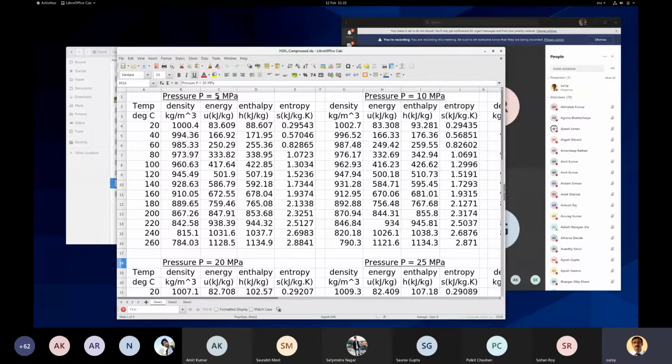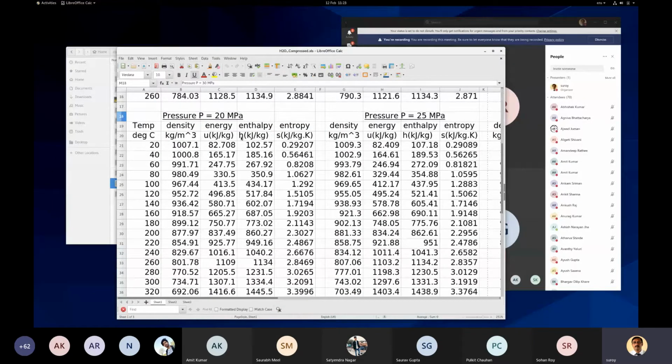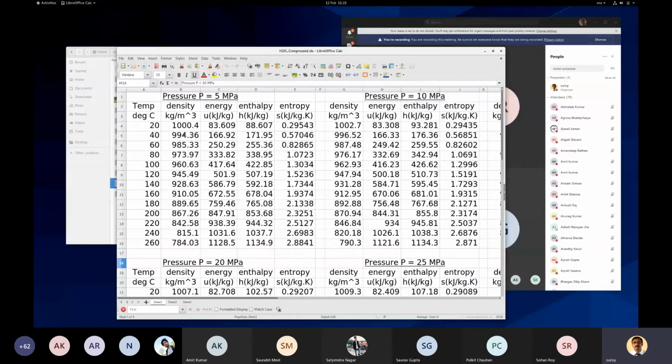If you look, the dependence on pressure is much less for a particular temperature. There is some dependence, especially at high pressures. For example, if you double the pressure from 5 to 10 megapascal, the density changes from 1000 to 1002.